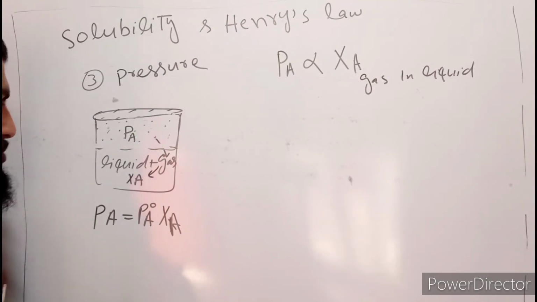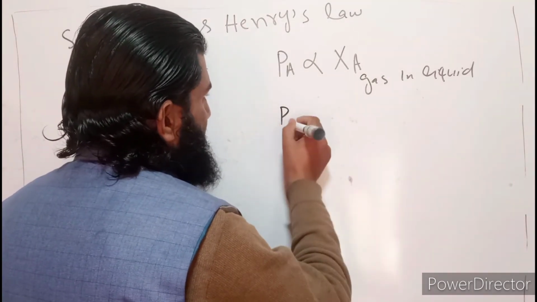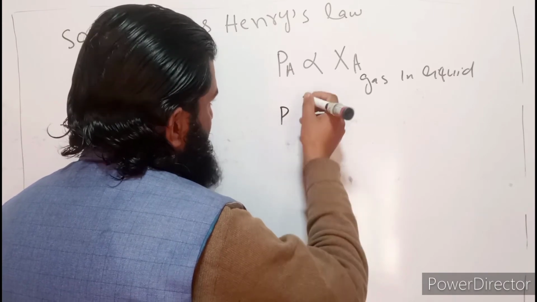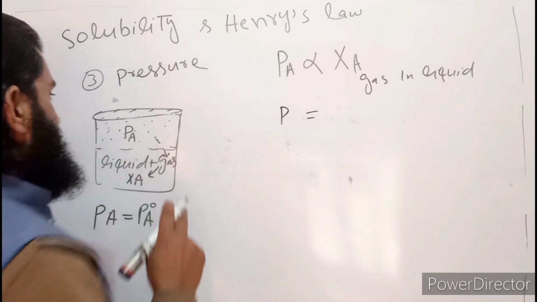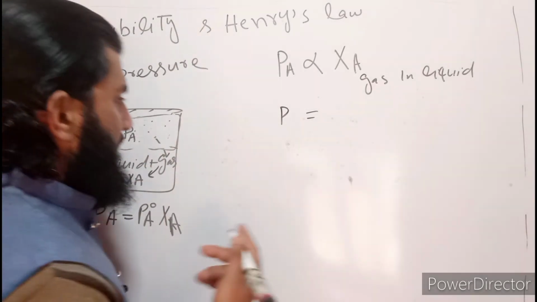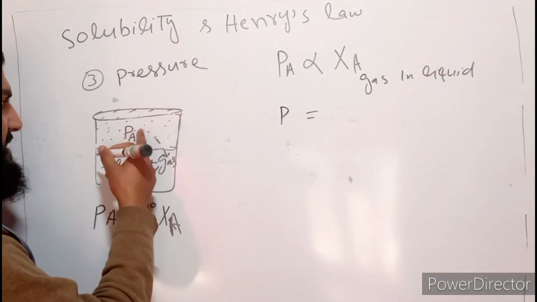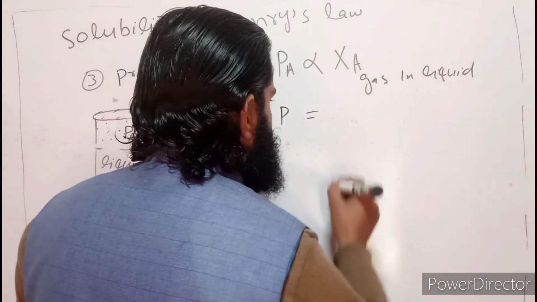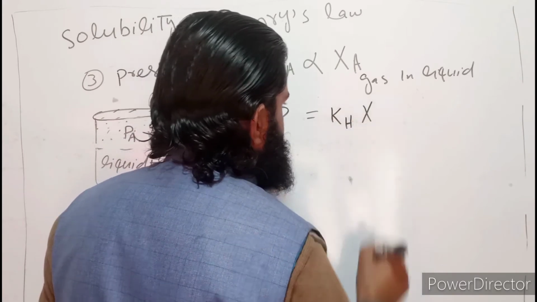Okay, so here we can write it simply. The partial pressure, or the partial vapor pressure of a gas above the liquid surface, is equal to Kh times x.